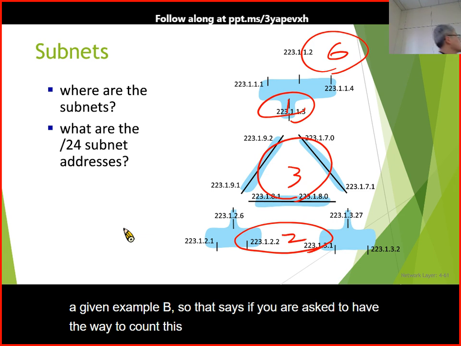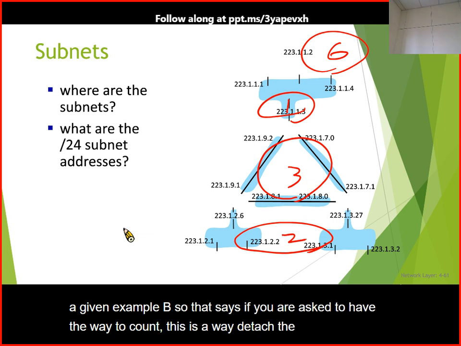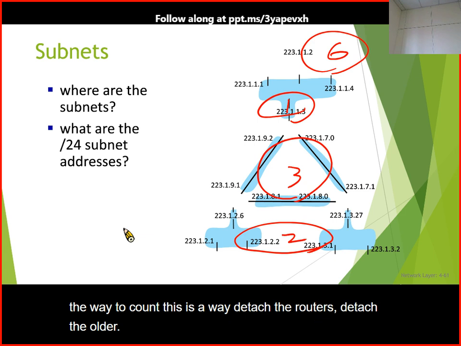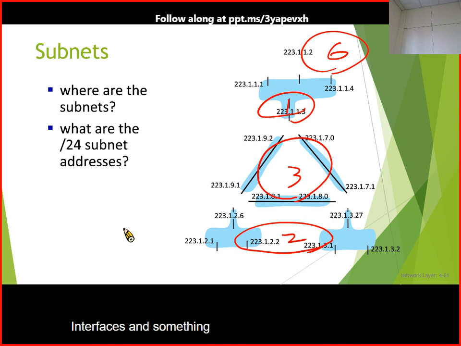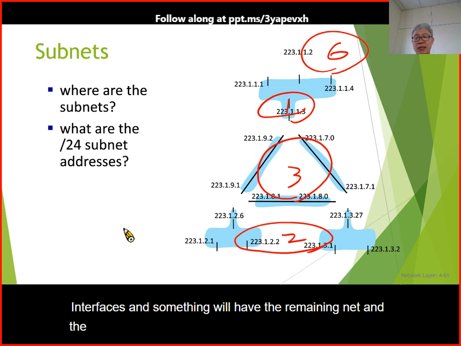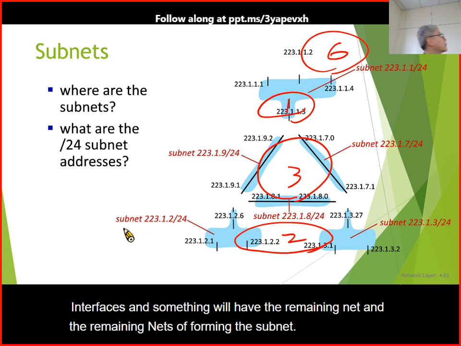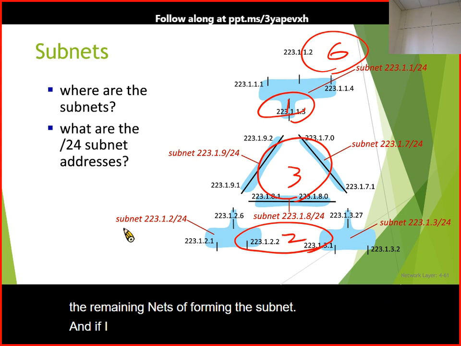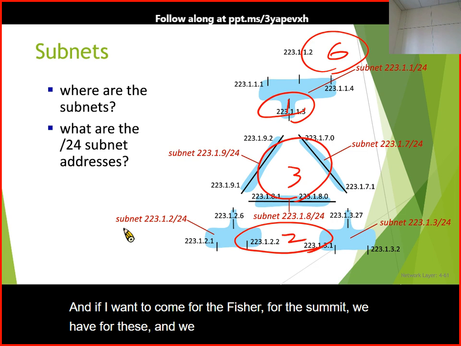Detach the routers, detach all the interfaces, and we will have the remaining nets, and the remaining nets form the subnets. And for the description of the subnet, we assume it's 24 for the subnet part of this one.